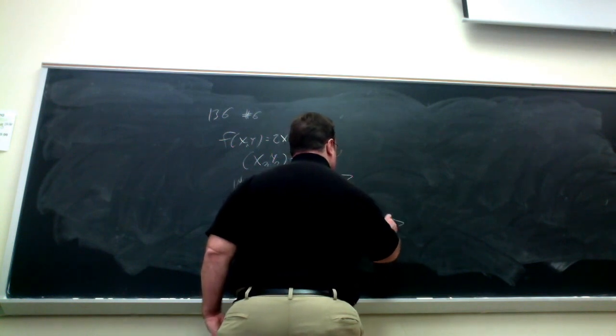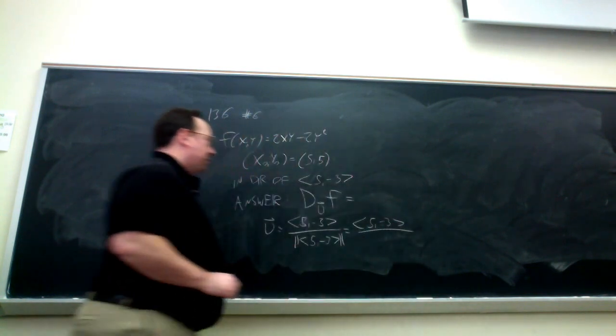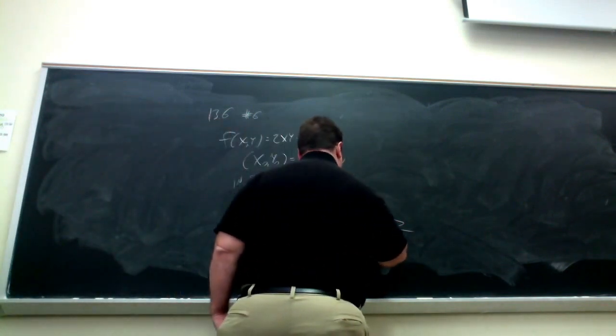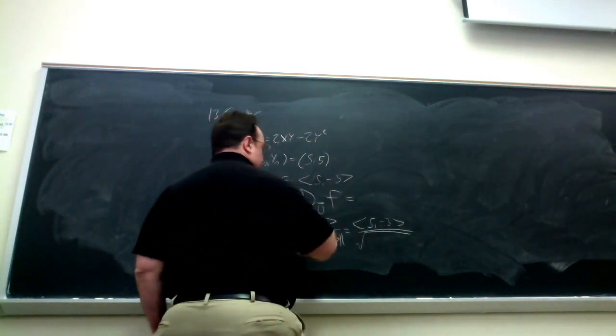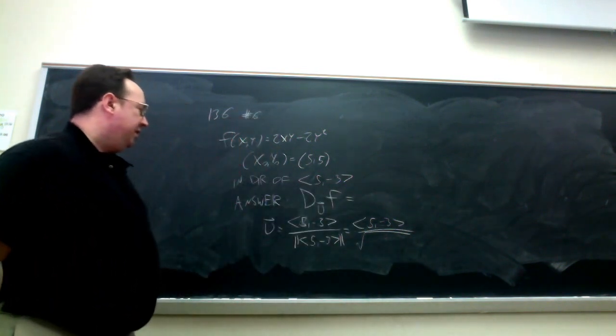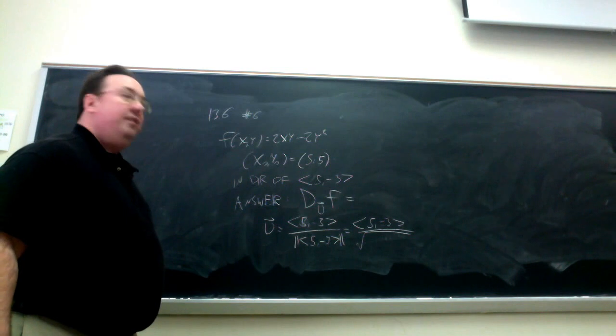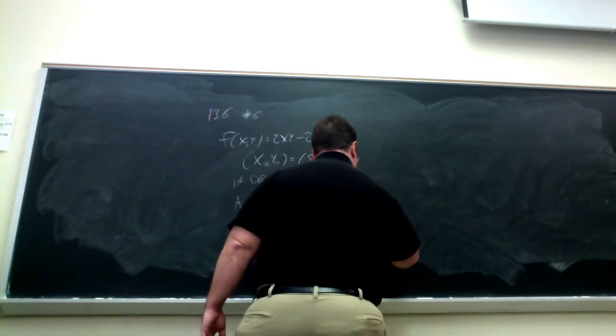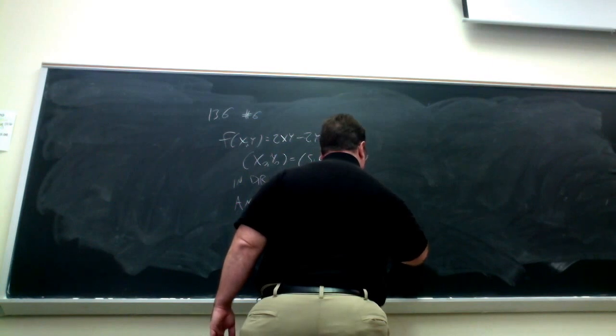I want to make sure that when you see this kind of problem on a test, there's no question as to what needs to be done algebraically. So for the magnitude, it's 5 squared plus minus 3 squared.